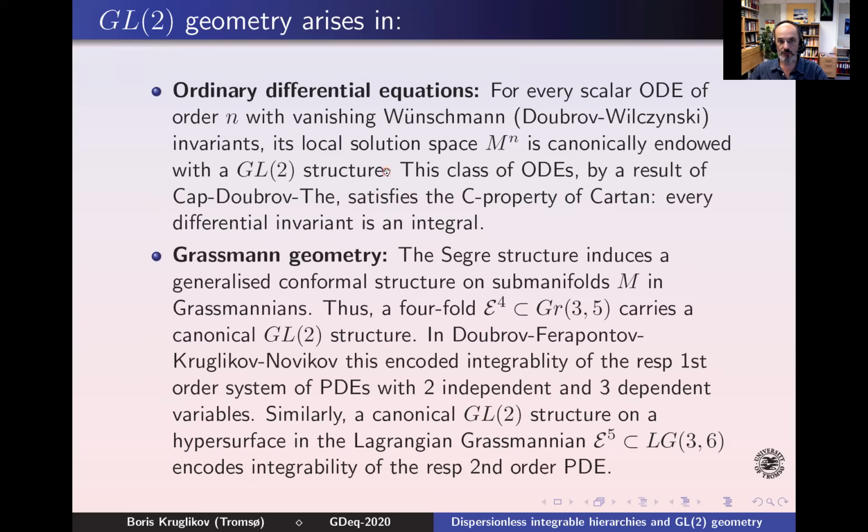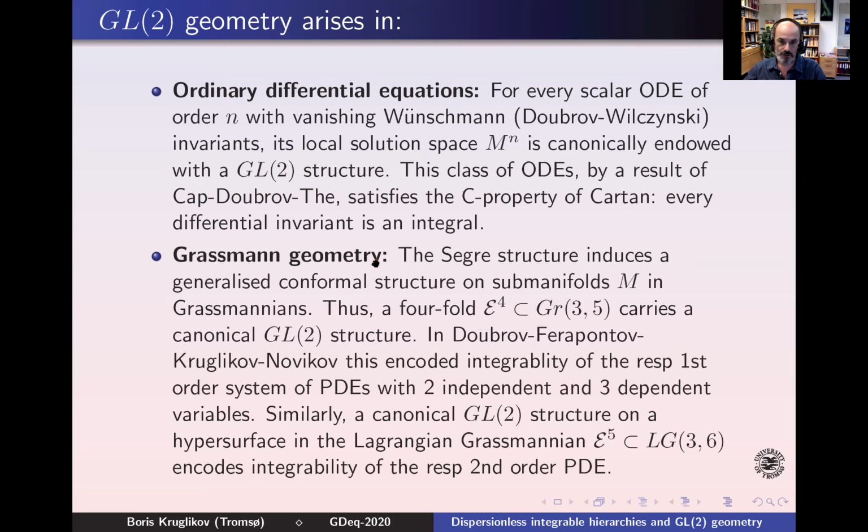And this class of ODEs with vanishing Wünschmann invariants also appears in a different context, because by the result of Čap-Doubrov-The, it satisfies the so-called C property of Cartan. So every differential invariant becomes an integral for this ODE. And therefore, if the ODE is sufficiently generic, there are enough first integrals, and the ODE can be integrated without integration. Algebraically, it can be integrated by algebraic means.